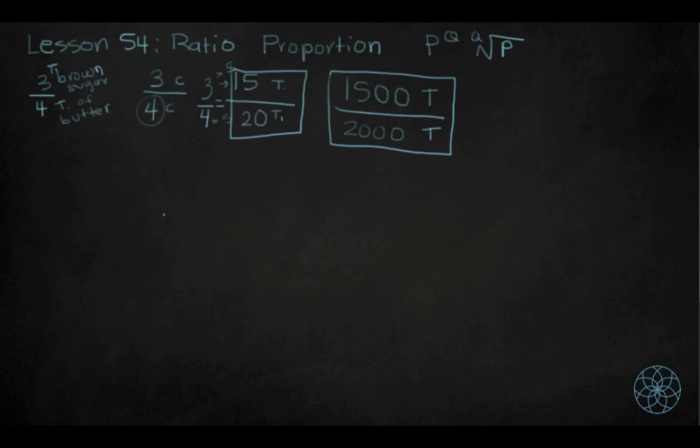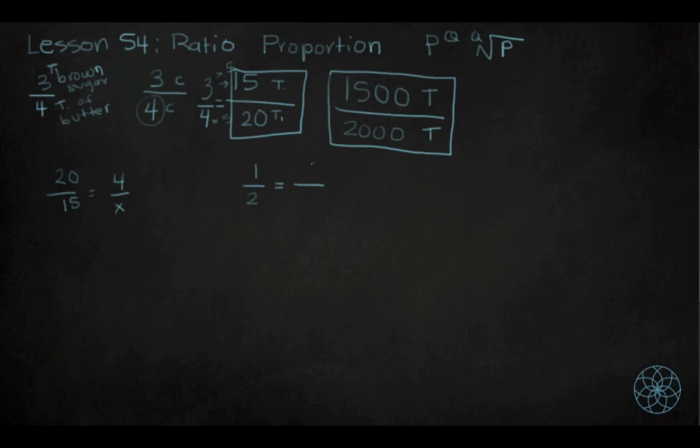The second thing I want to talk about is proportions. You might see a problem like this. 20/15 equals 4 over something. This would be a proportion. And first of all, let me show you a true proportion and a false proportion.